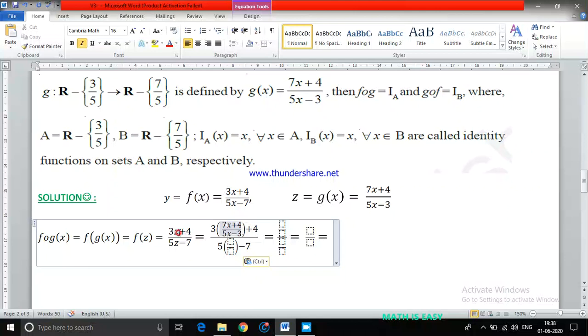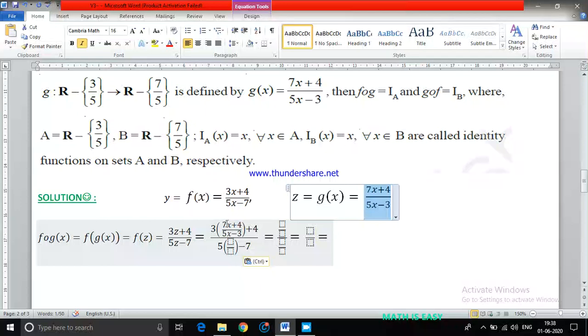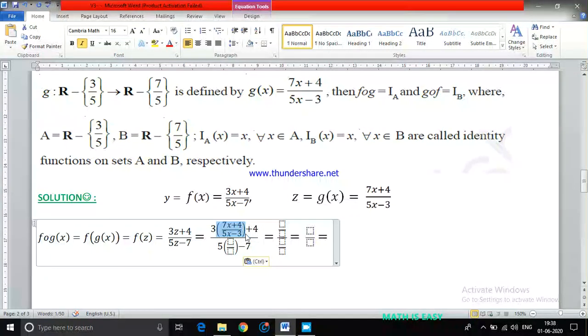In place of only this z value, I am replacing this value because the z value is the same, 7x plus 4 upon 5x minus 3. So 3 times z, this entire thing will represent the value of z. And here you have plus 4. The plus 4 I kept as it is. Now again you have here in the denominator 5z minus 7. So in place of z, again I'll replace 7x plus 4 upon 5x minus 3. And after 5z you have minus 7 here. So that minus 7 I kept as it is.